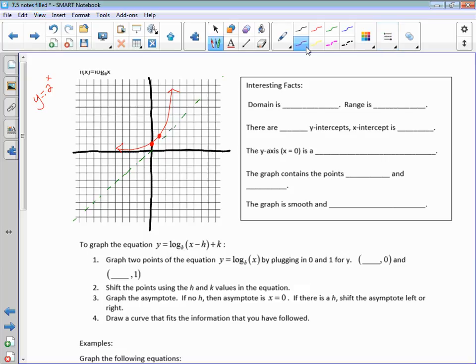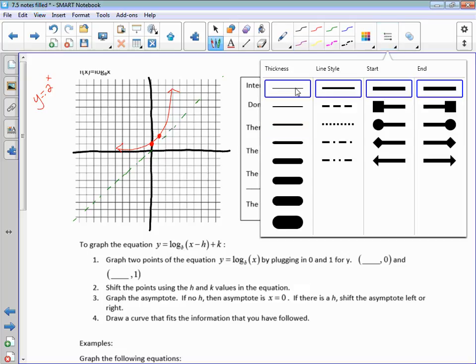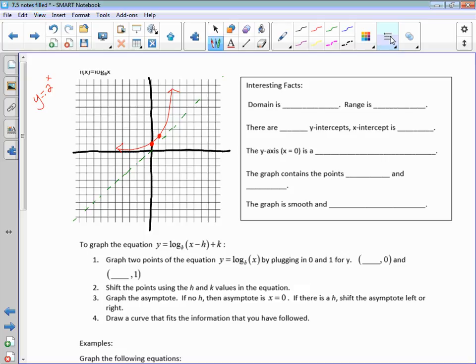And I flip these points. So 0, 1 becomes 1, 0, and 1, 2 becomes 2, 1.